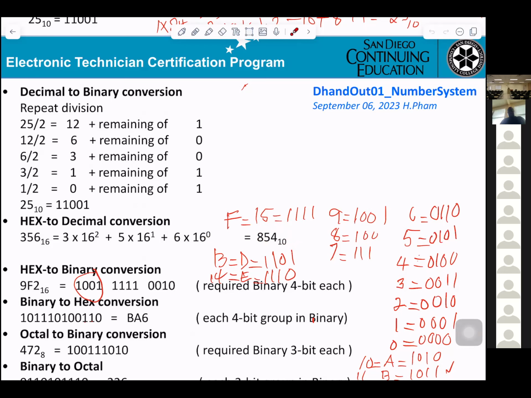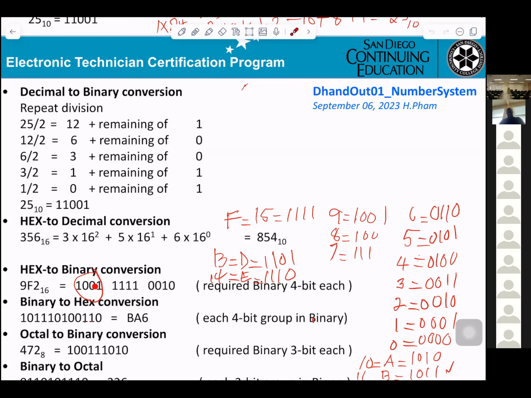Hex to binary, that's what you need. Anything dealing with binary, make sure you understand. If you get the number 9F2 base 16 in hex, you convert each digit to binary. Number 9 will be 1001.